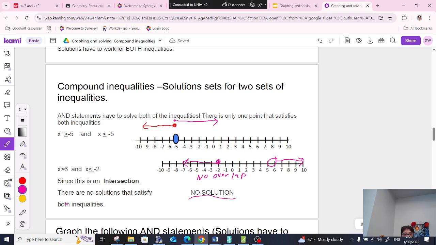So it's a no solution. So when you gave me this answer, you'd have to erase that. That's why we do things in pencil, or be smart and get erasable pens like I have here. Makes sense or doesn't make sense?